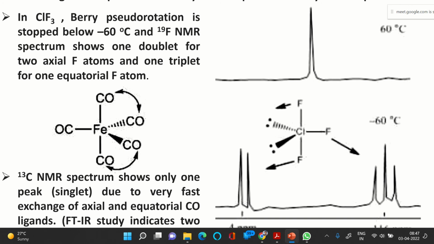This we have also discussed in metal carbonyls IR bonding situations. So sometimes NMR will miss out on certain key aspects if you do it normally, and FTIR will be able to tell you the difference in the molecule.